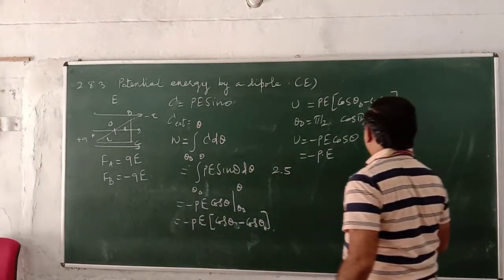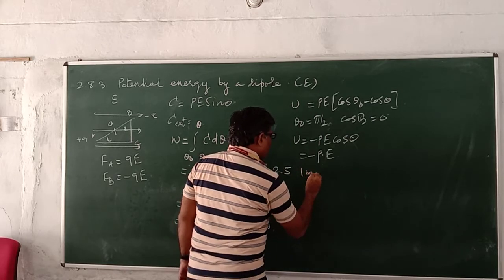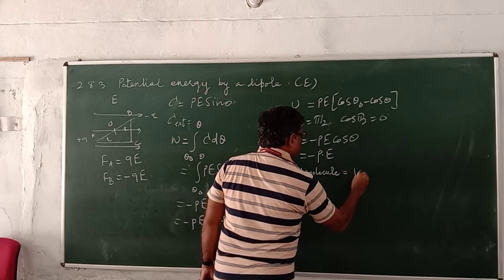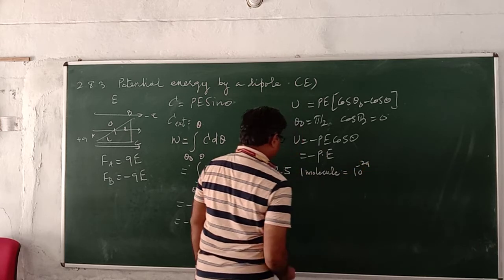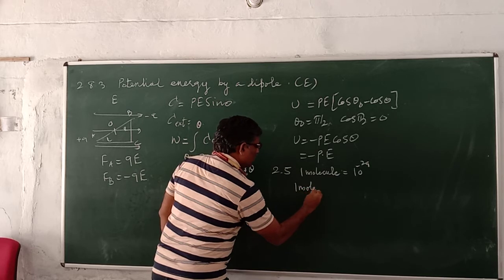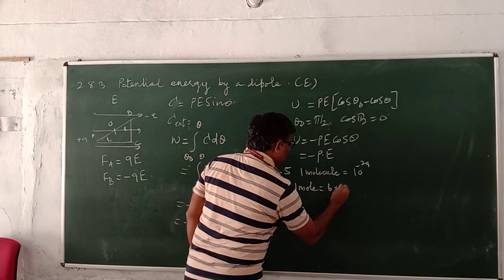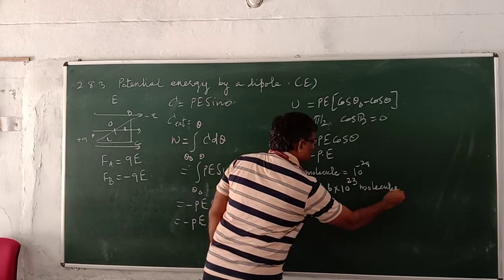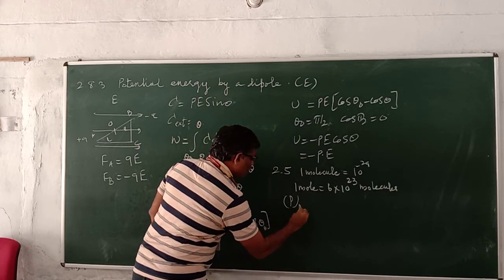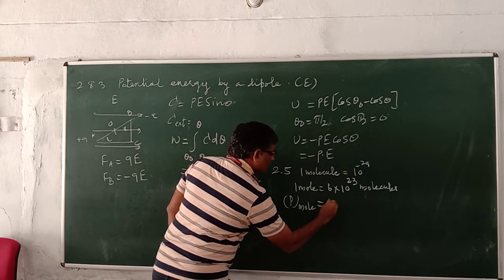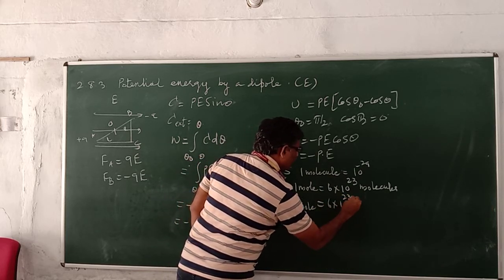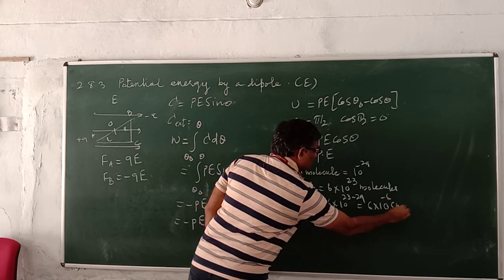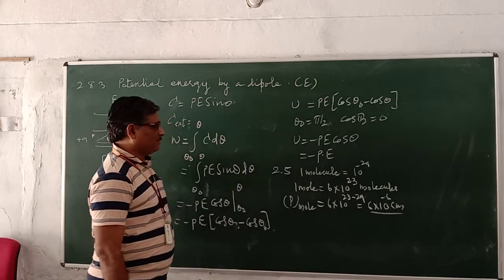We know that one molecule has a dipole 10 raised to power minus 29. One mole is equal to 6 into 10 raised to power 23 molecules. So P for a mole is equal to 6 into 10 raised to 23 minus 29, 6 into 10 raised to power minus 6 coulomb meter.